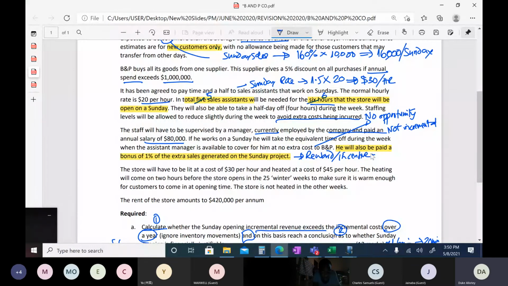Now, it says the store will have to be lit at a cost of 30. Now, what we mean by lit is there will be lighting. Okay, so it will cost 30 an hour and it will be heated at 45 an hour. Okay, now we need to find how many hours a day it will be heated. The heating will come on, watch carefully, 2 hours before the shop is open for 6 hours. We are told the shop will open for 6 hours.